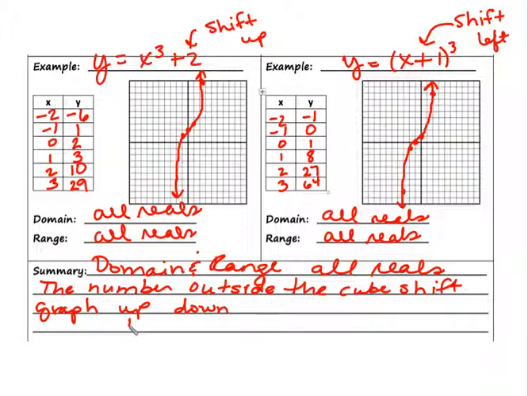If it's positive, it'll shift up, and negative, it'll shift down. And if there's a number inside the cube, that one will shift the graph left or right.